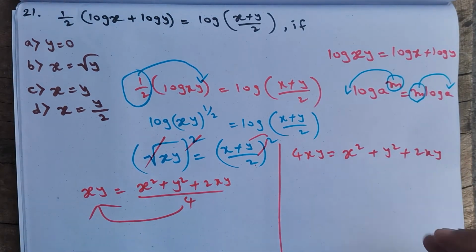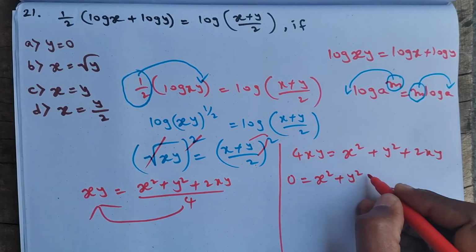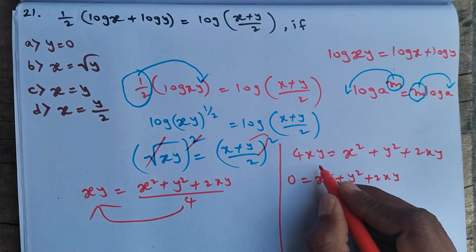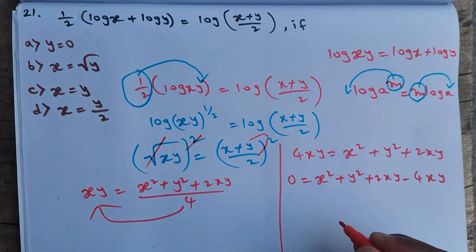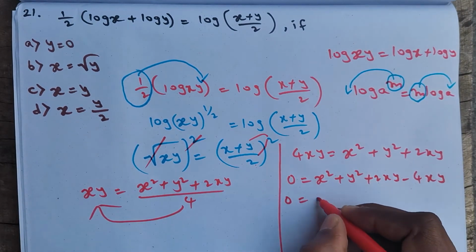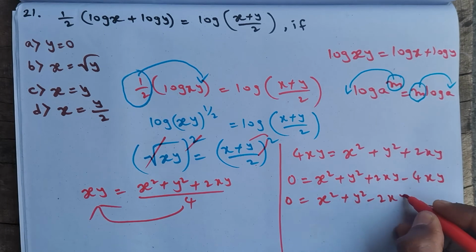I will take this 4xy to the right side: 0 is equal to x square plus y square plus 2xy minus 4xy, so 0 is equal to x square plus y square minus 2xy.